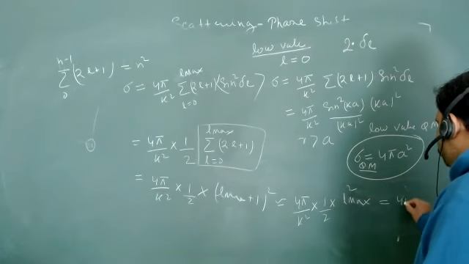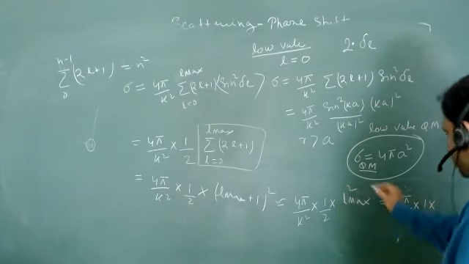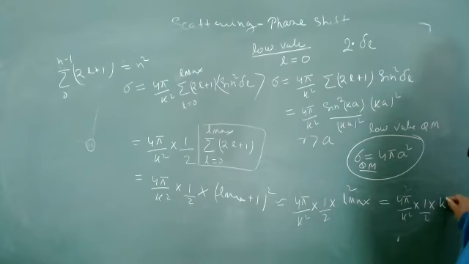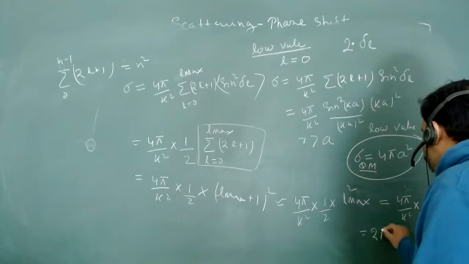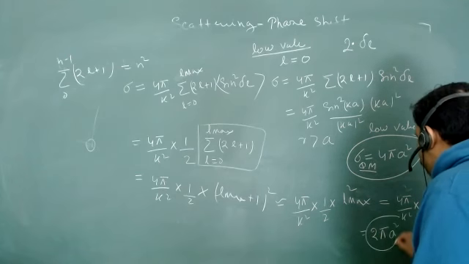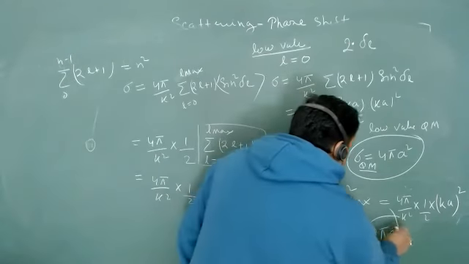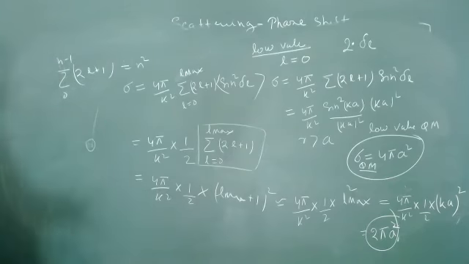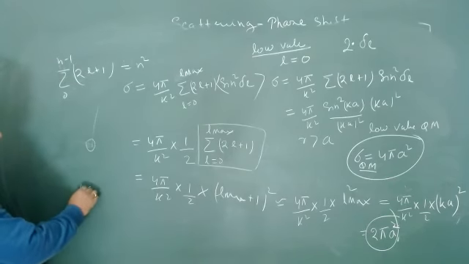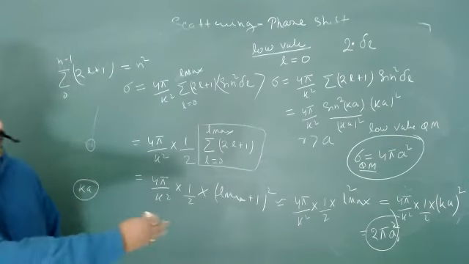That value is 4 pi upon k square into 1 by 2 into, I can put L maximum equal to Ka, and this is all squared. So we have this value as 2 pi a square. And now you can see this is for the high value of energy, 2 pi a square. Okay. This is your L maximum. L maximum is equivalent to Ka. So you can just use this result.